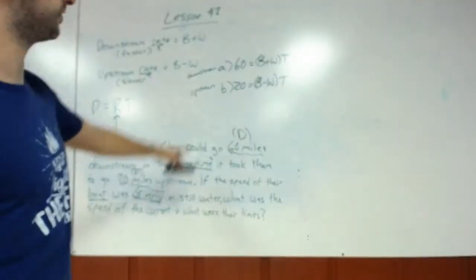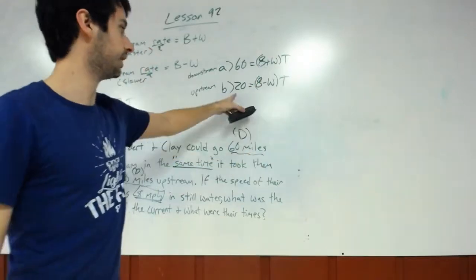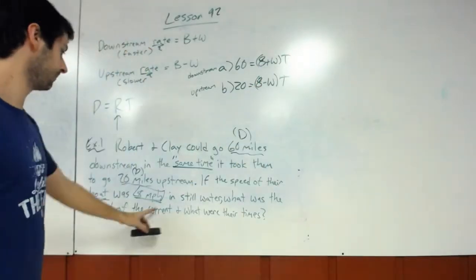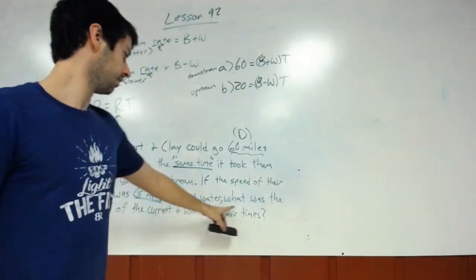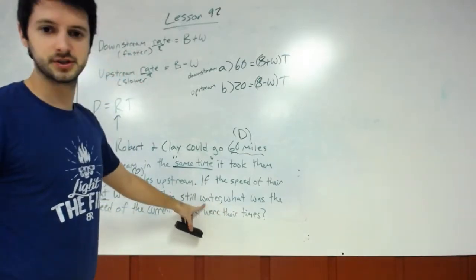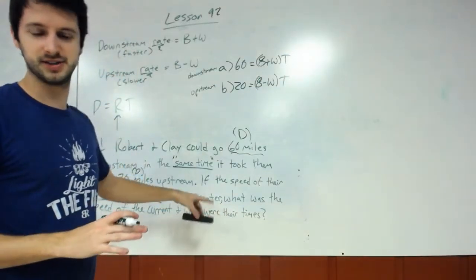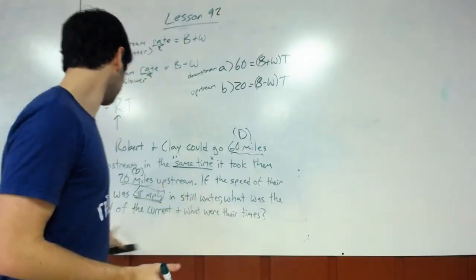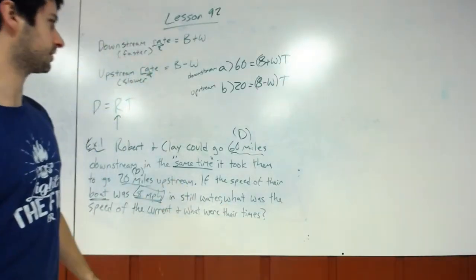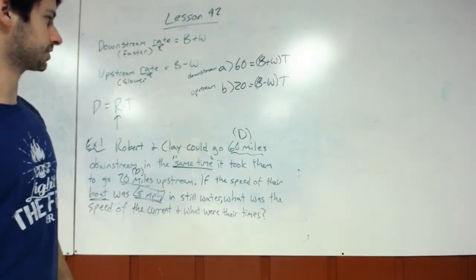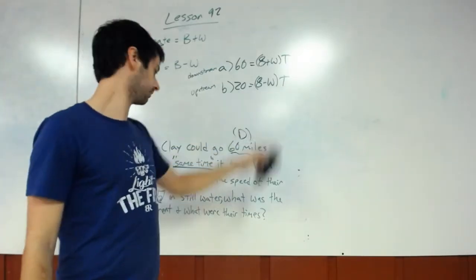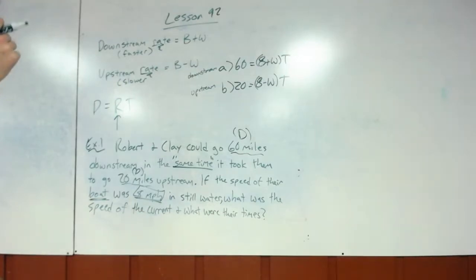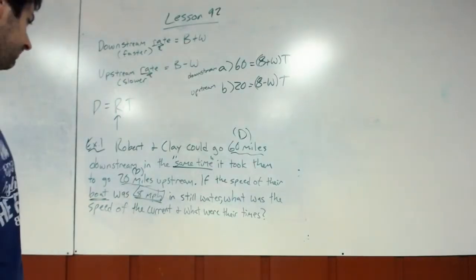So we have 60 equals 8 plus W times T, and 20 equals 8 minus W times T. It says in still water, so that means the water is not moving. What was the speed of the current and what were their times? So we want to know the speed of the current, that means the water, and the time.